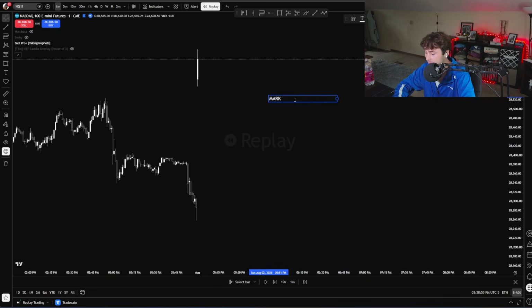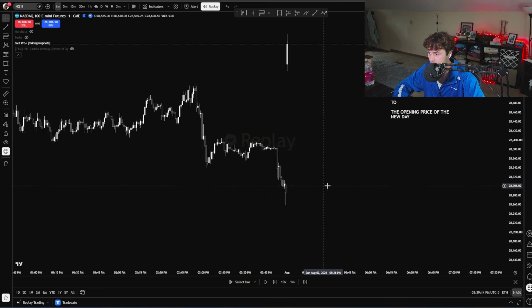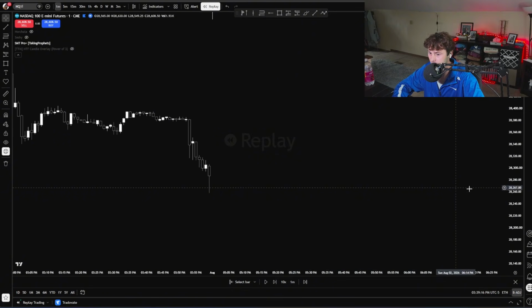You want to mark it out from the closing price of the previous day candle to the opening price of the new day, right? So what does this exactly mean? Okay, so for this example, let's make it a little bit clearer. You want to zoom in on the 1 minute.